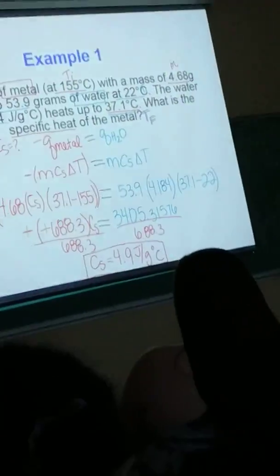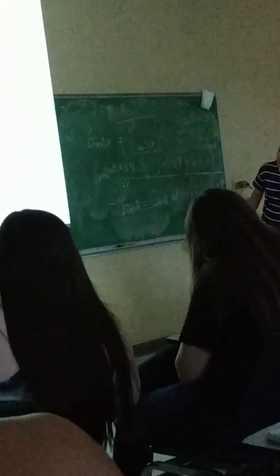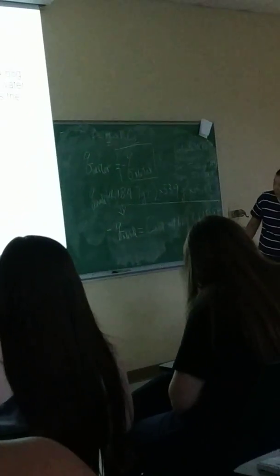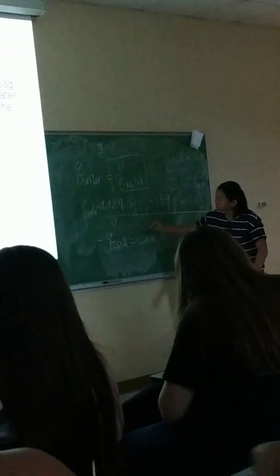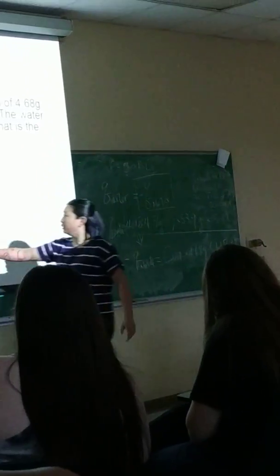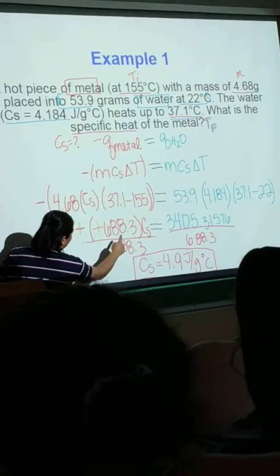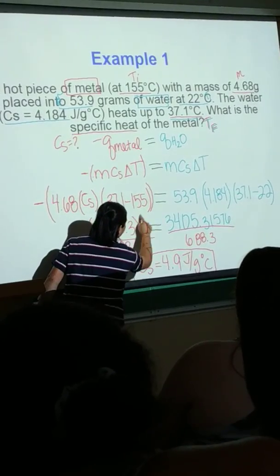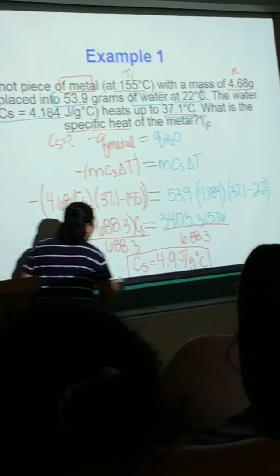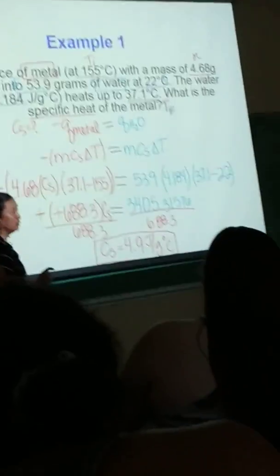This you calculate as 33,405 joule equals to, this is the metal, right? The mass, the delta T, and then you calculate heat capacity of this metal.